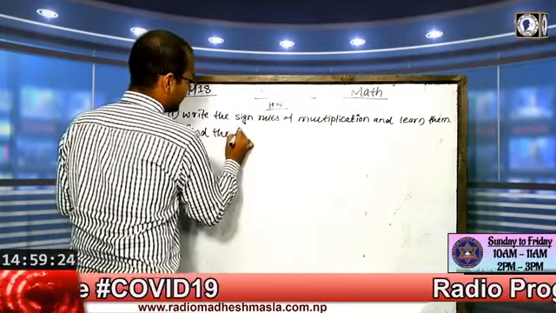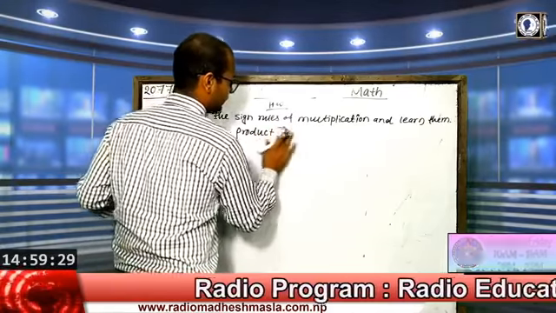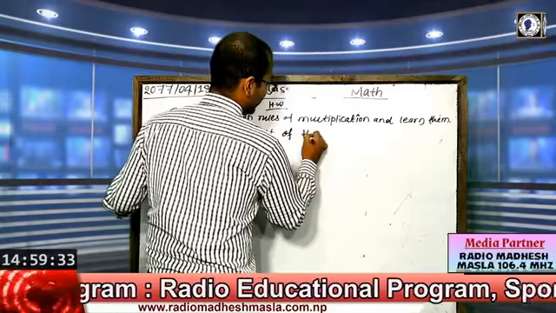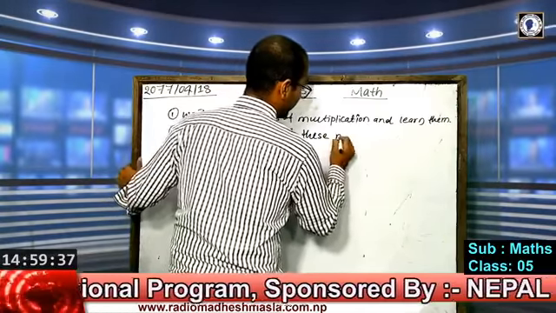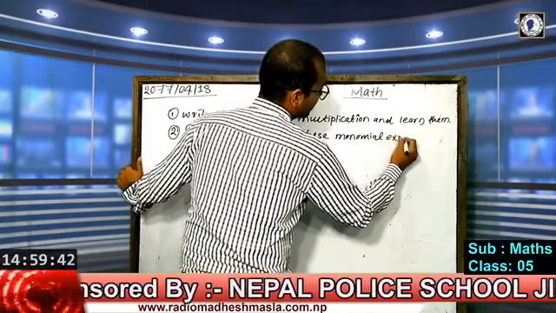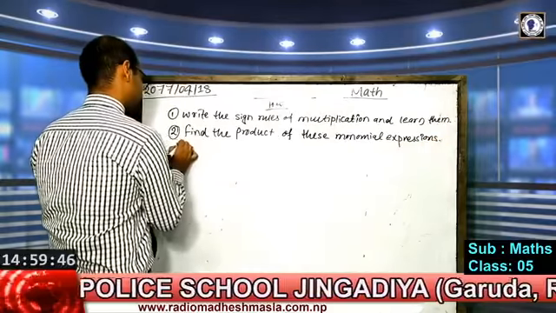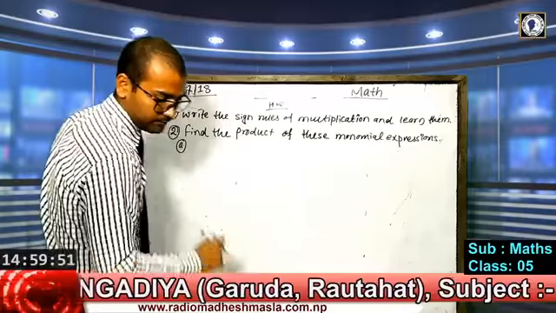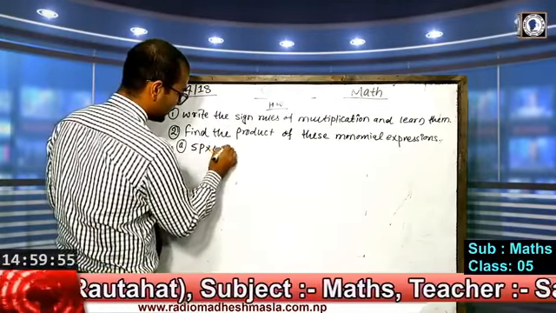Find the product of these monomial expressions. Question A of 2: 5p into 4p.